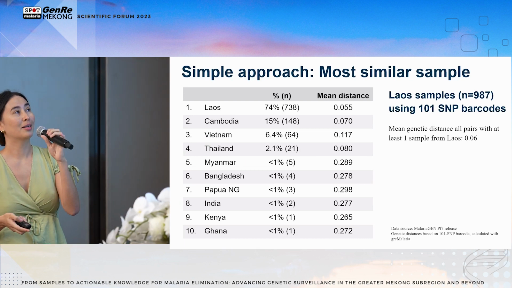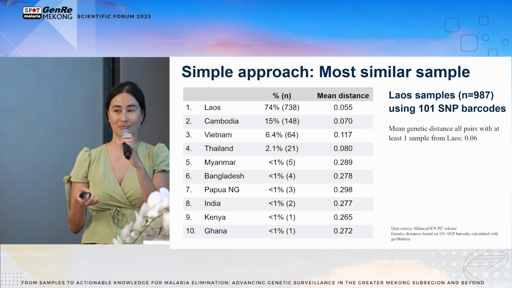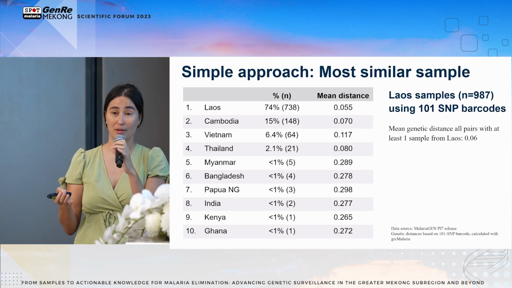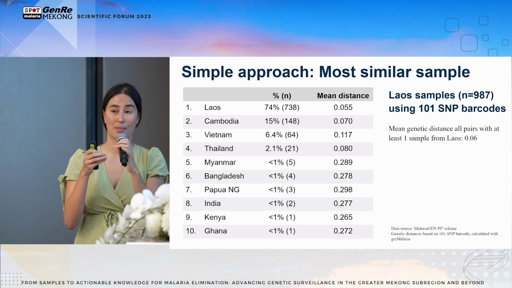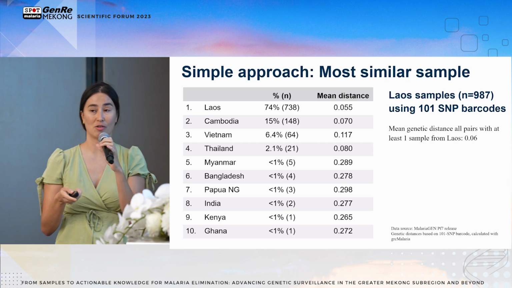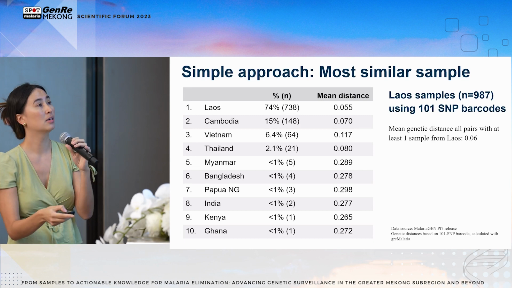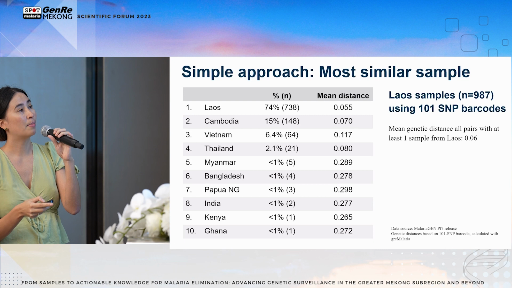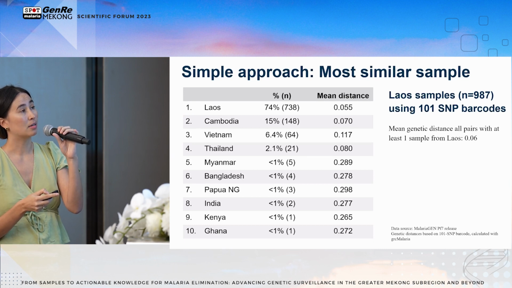So this is a very simple approach in which I took the samples from Laos and then the most genetically close sample pair in the dataset of the MalariaGEN Pf7 release. So these are almost 1,000 samples, and the mean genetic distance was 0.06.